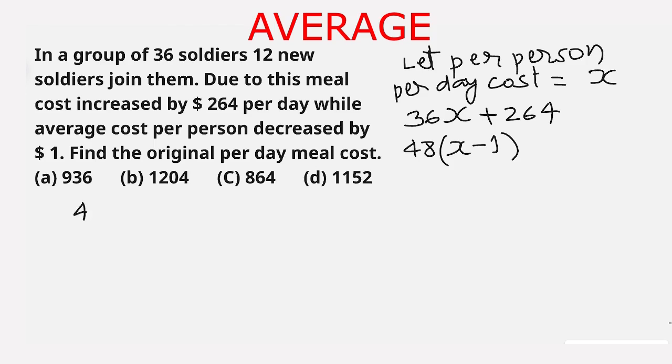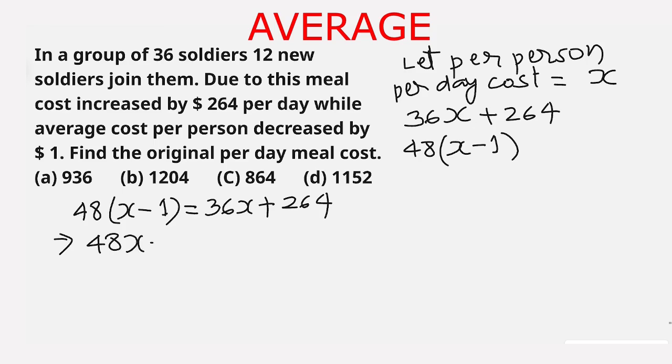So 48 multiplied by x minus 1 is equal to 36x plus 264. This gives us 48x, and from the left hand side we transfer 36x, so it becomes minus 36x, and this is equal to 264, and we transfer 48 multiplied by minus 1 towards the right hand side, so it becomes plus 48.